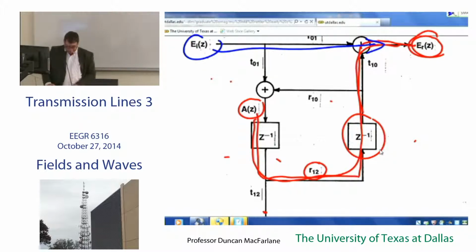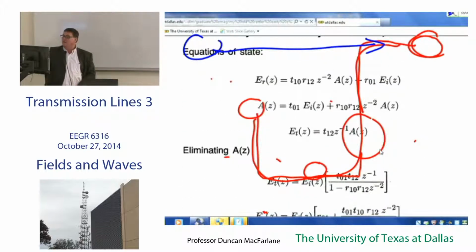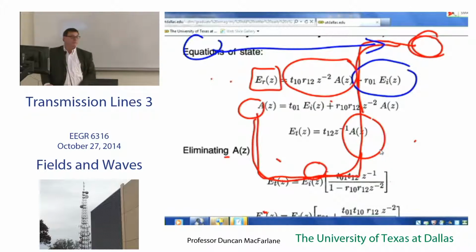Okay? And so here is my blue path and here is my red path to give me my ER. Two nice simple terms in Z space instead of an infinite sum in time space. Okay?